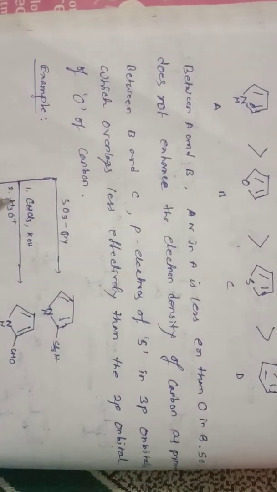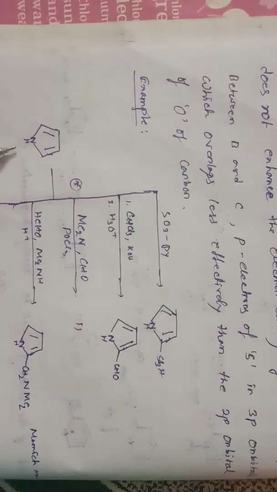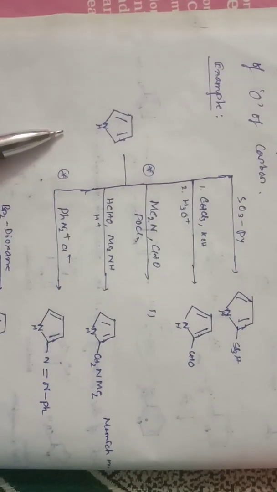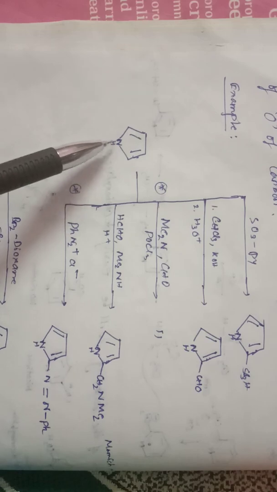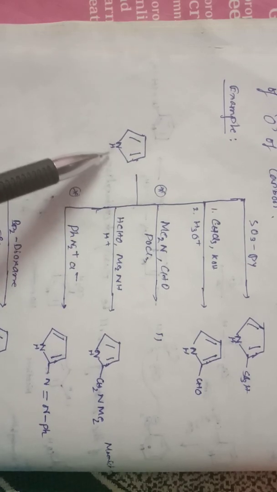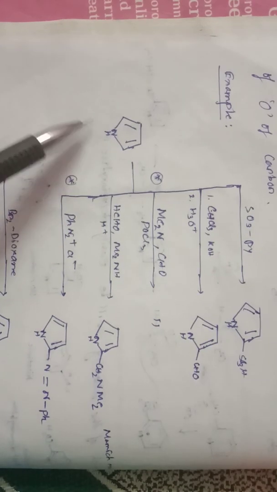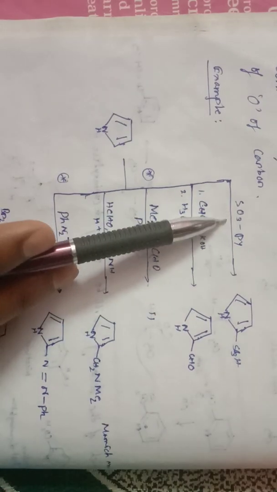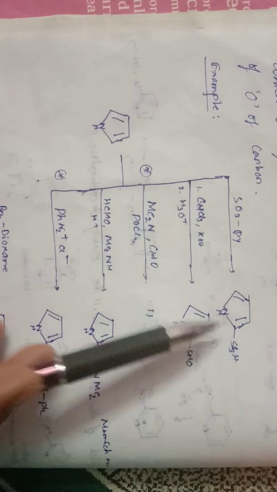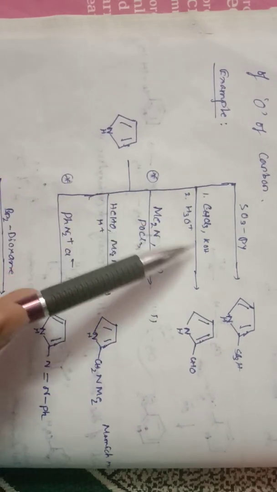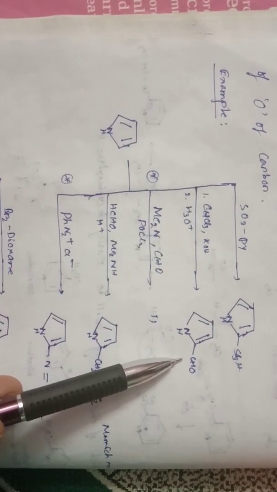Now here are some examples of the reactions of pyrrole. If we react pyrrole with SO3, then substitution occurs, giving SO3H at the C2 position. With a Reimer-Tiemann type reaction, we get CHO at the C2 position.